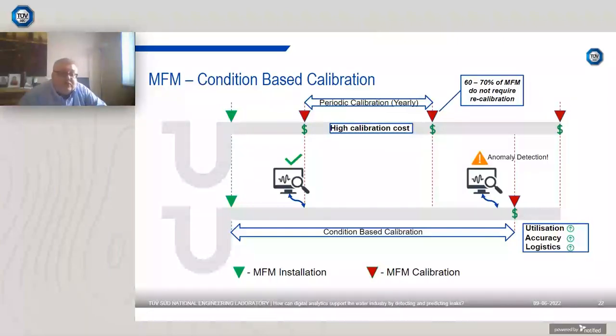The condition-based software analyzes diagnostic data generated by the flow meter and can detect when anomalies occur. These anomalies can then trigger a signal to the operator to recommend the flow meter to be recalibrated. What this means is that the calibration period can be extended, saving time and money, and you only actually calibrate the device when it actually is required to be calibrated.